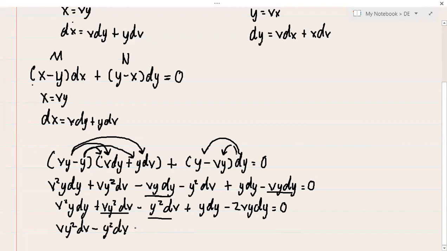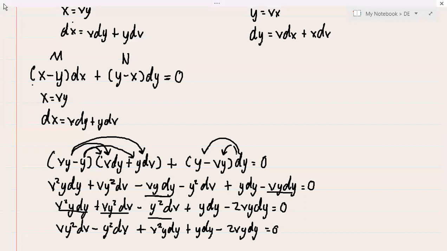Ayan na siya. Ngayon, i-group ko naman yung mga terms na may dy. Una, yung first term, which is plus v squared y dy. Tapos itong fourth term, which is si y dy, at saka yung huling term, which is negative 2vy dy is equal to 0.